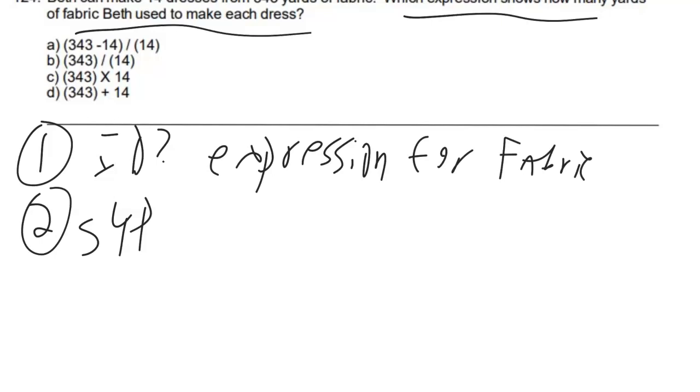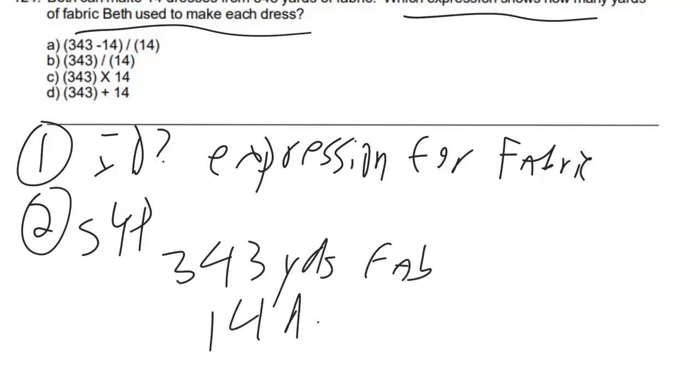We know that Beth had 343 yards of fabric, and we know that she can make 14 dresses from this fabric. So do we A, take 343 minus 14 and divide it by 14? Obviously that's crazy. Do we B, 343 divided by 14?